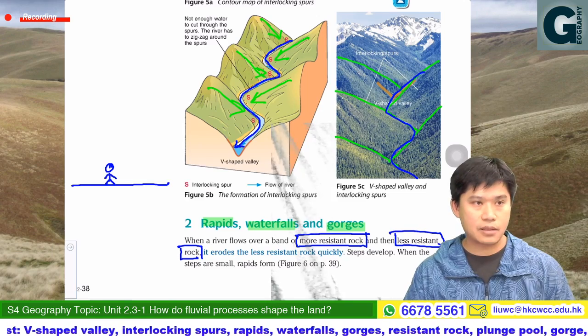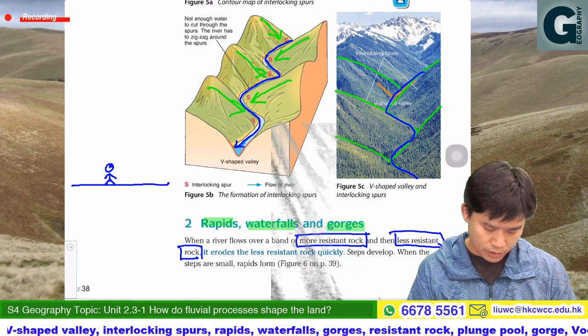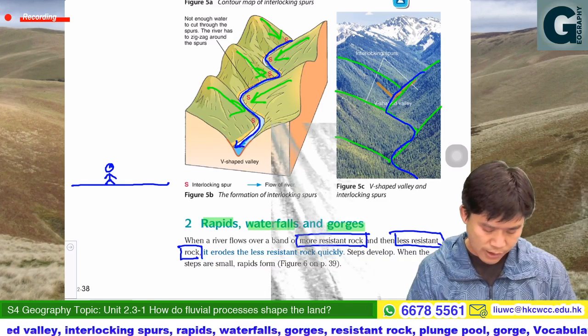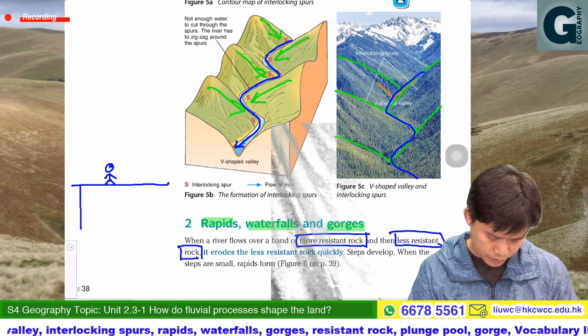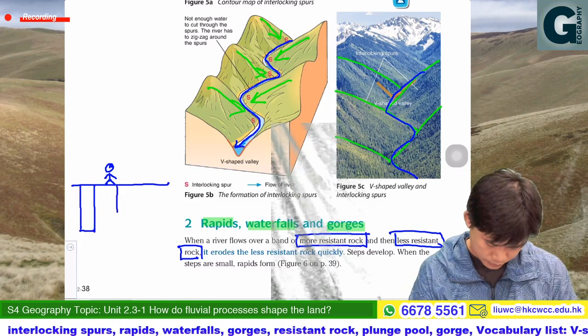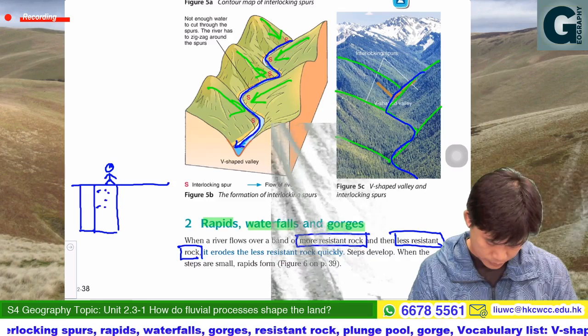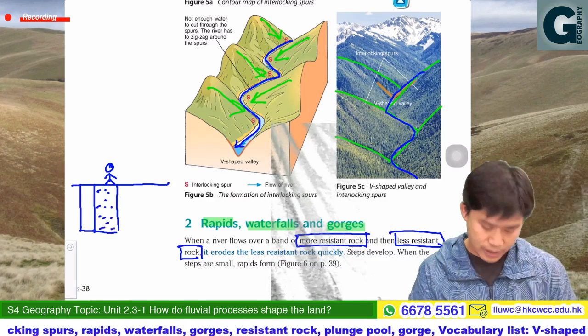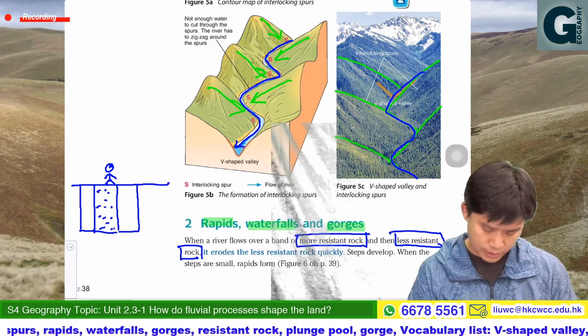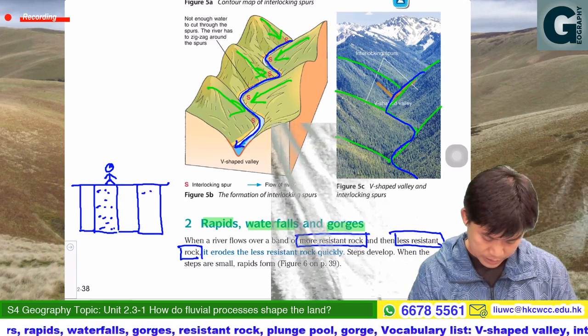If the place has alternating layers of rock with different resistance, for example, one layer and another layer, again like this.